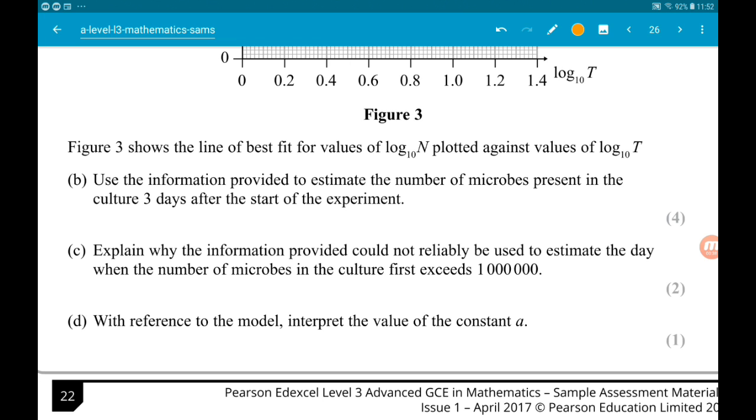When T is equal to 0, N is equal to 63 times 0 to the power 2.3, so that's just 0. When T is equal to 1, however, N is 63 times 1 to the power 2.3, so A is the number of microbes 1 day after the start of the experiment.